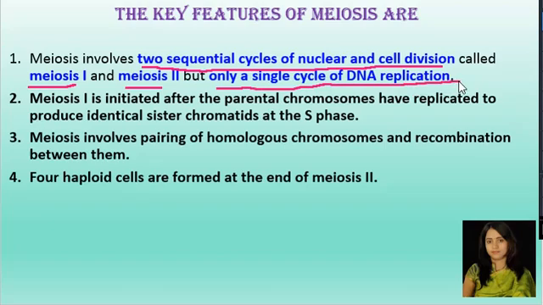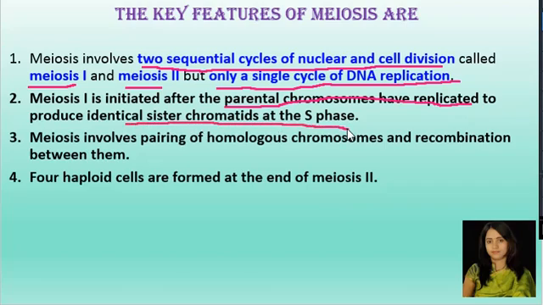Recall mitosis. Before mitotic division, the cell prepares itself; in the S phase of the interphase, the DNA replication takes place. In meiosis also, though 2 sequential meiotic divisions take place, the DNA replication occurs only once. Meiosis 1 is initiated after the parental chromosomes have replicated to produce identical sister chromatids at the S phase.